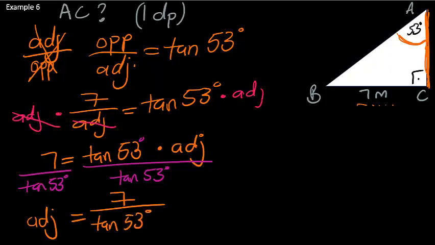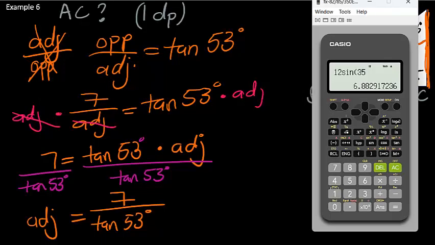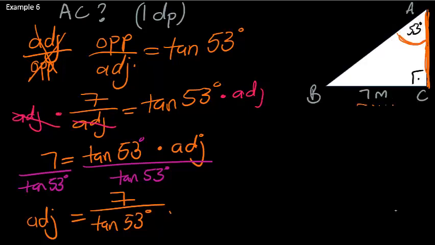Now I can bring out my calculator. I input 7 divided by tan of 53, and that gives me 5,2748. So this is going to be equal to 5,2748 dot dot dot.